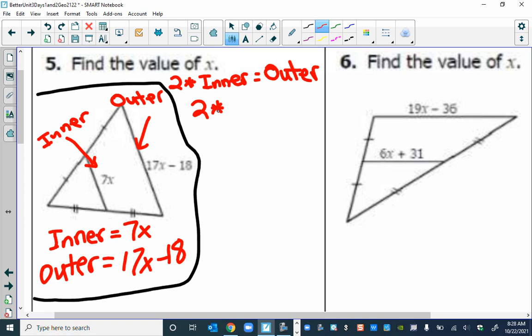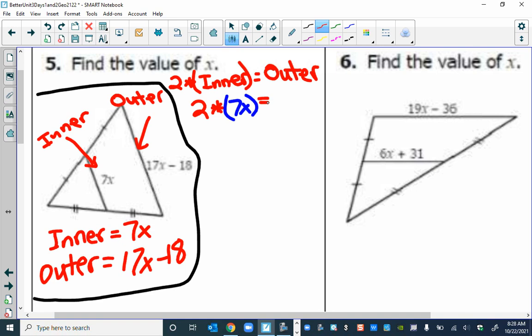Which one is it? The 7x or the 17x minus 18? We just wrote it down. What's our inner expression? The 7x. So you're going to write it as, replace the inner part. When we see inner, replace it with the 7x.